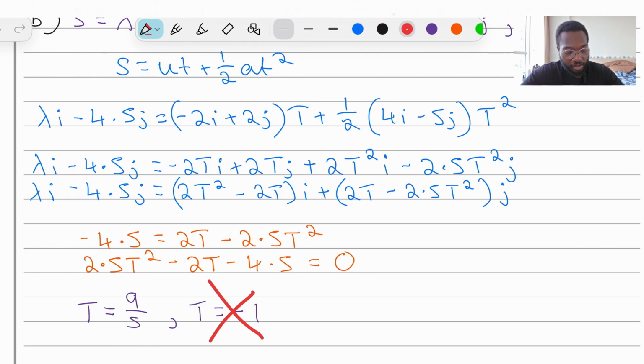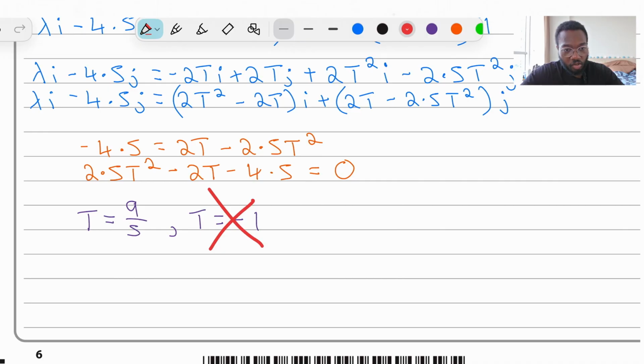Now we need to work out lambda, but lambda is not that difficult, to be honest. If I just do lambda quickly down here, look at our lambda value. If we equate our i components together now, that would just be lambda is equal to 2t squared minus 2t. And we know what t is now, we just worked out t.